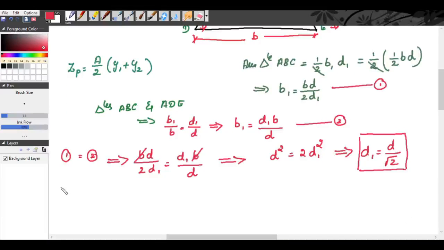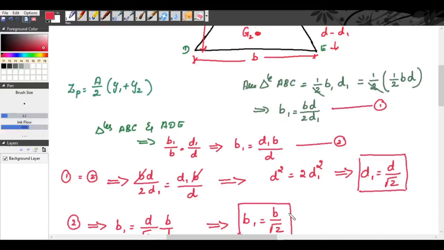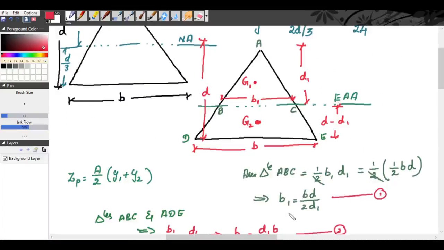Now you can take equation number 2. So what you get is B1 is equal to, instead of D1 you substitute D by root 2 into B by D. So from which you get B1 is equal to B by root 2. Okay. So now what is this distance?